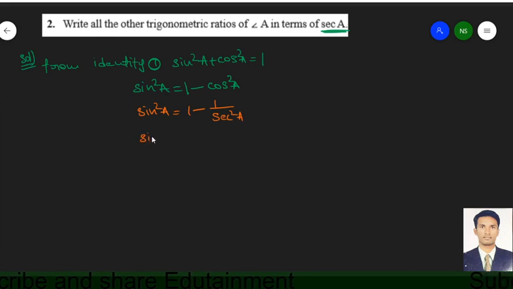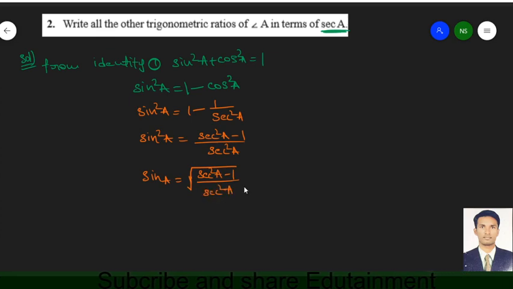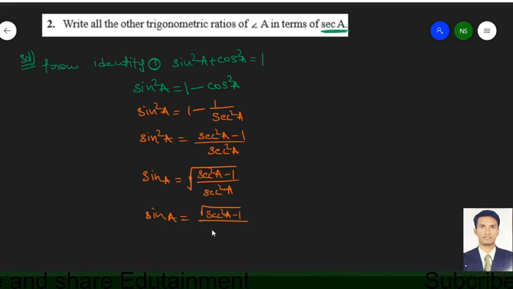So from this we'll get sine square A is equals to secant square A minus 1 divided by secant square A. So sine A, send the square also to other side, we will get under square root secant square A minus 1 divided by secant square A. So here we'll get sine A is equals to under square root secant square A minus 1 divided by, square and root will get cancelled, we'll get secant A. So we represented sine in terms of secant.